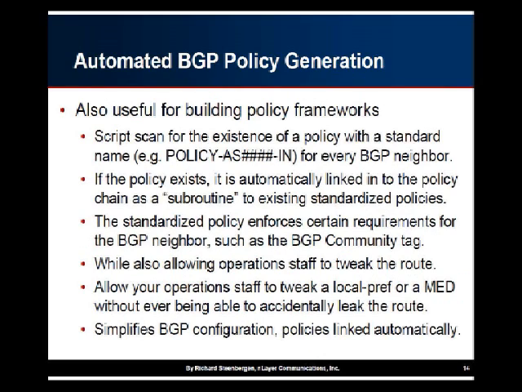It's also useful for building a policy framework. So for example, when someone configures a neighbor on our routers, you don't have to go change the policy chain. You don't have to go tweak the details. What will happen is the script will scan for a policy name with a standard naming convention. So if I create a policy called policy-AS3356-N, it's automatically going to link that in. And the benefit of that is you provide protection.